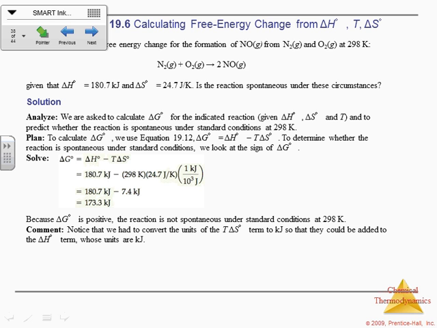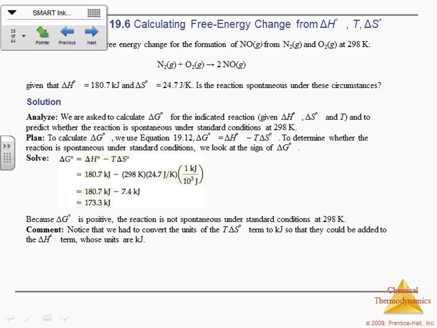Now notice they're paying attention to their sig figs there, right? You had 3 sig figs in both of these numbers. Well, are they paying attention to their sig figs? Is it exactly 7.4? 98 times 4.7 divided by 1,000. No, it's not.